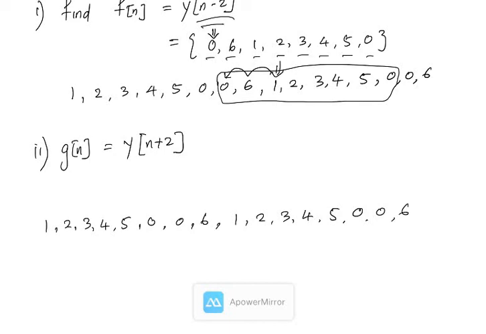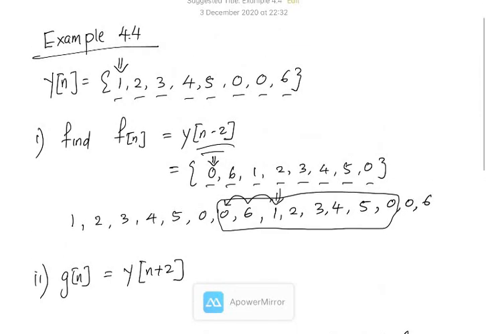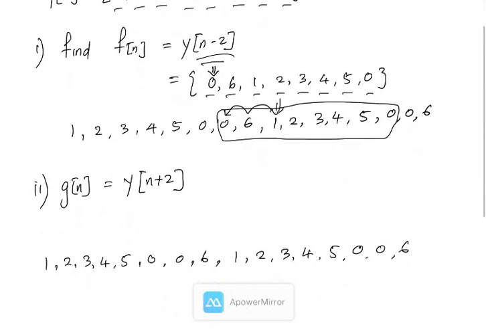Just now the origin was at 1. Now you move 2 steps to the right, so it starts from 3.